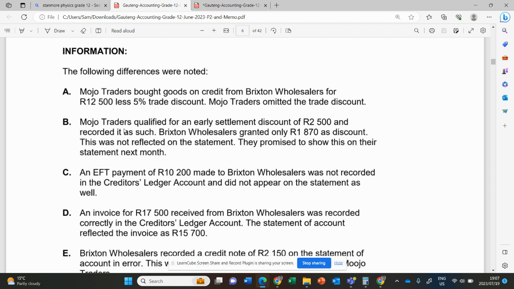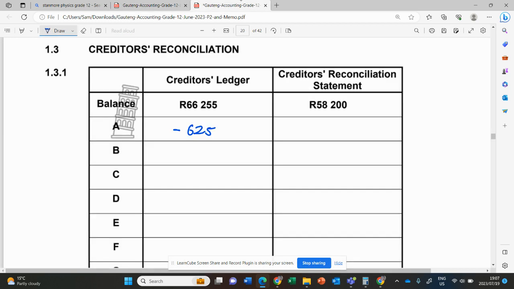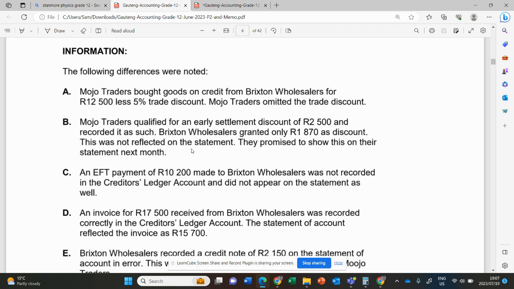Okay, information B says that the correct discount was granted by our supplier, Bryanston Wholesalers, which is the supplier. It is 1,870, of which the supplier did not record that. So now the supplier must record that, to say this is going to be minus 1,870.